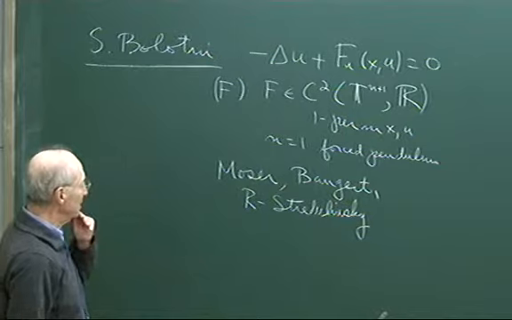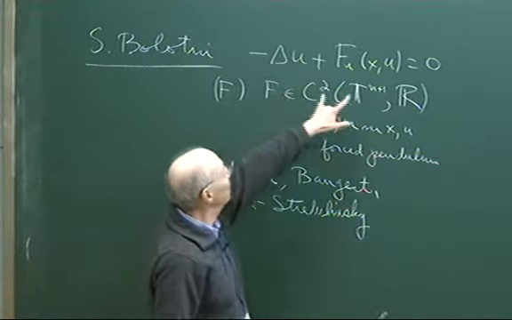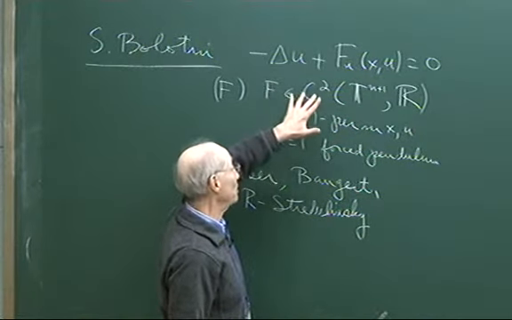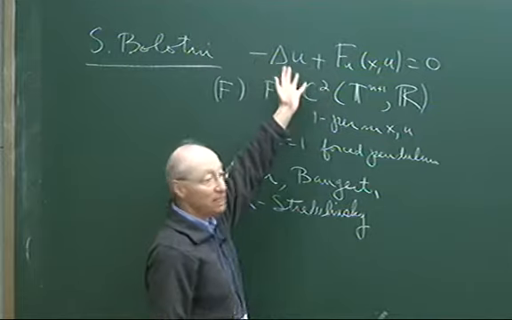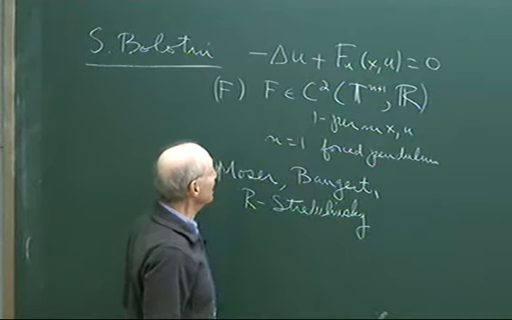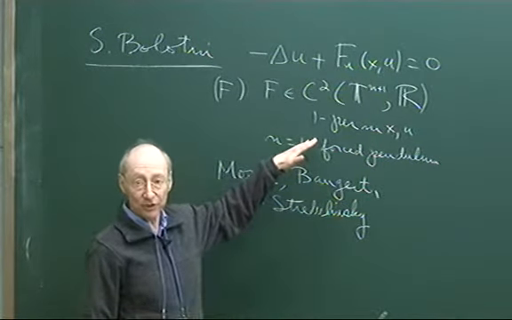Actually, Moser and Bangert looked at a much more general equation, which was quasi-linear. This is the simplest example of what they looked at, which retains the essential features.